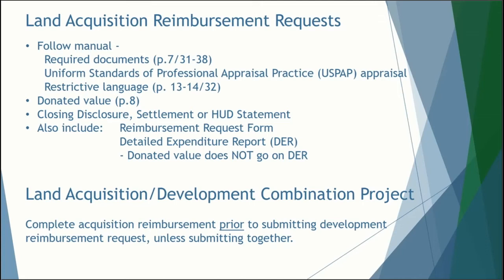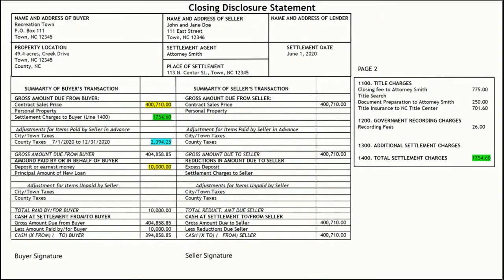Now, let's look at some of the documents I have just referenced. Here's an example of a closing disclosure statement. You'll see contract sale price, also earnest money that was paid prior to closing. You will see that taxes are itemized out.